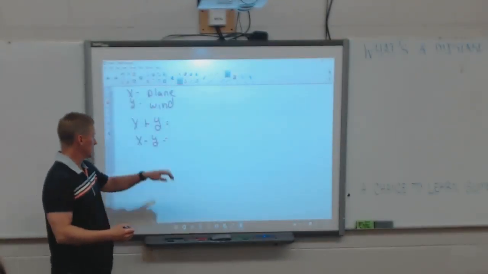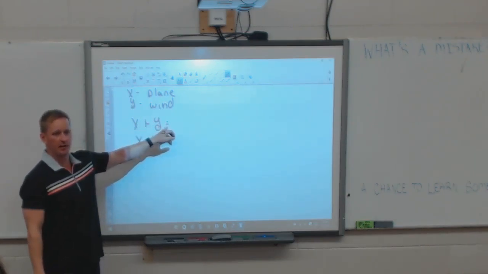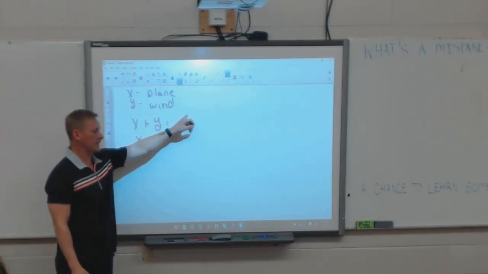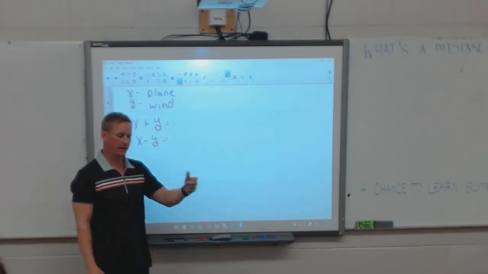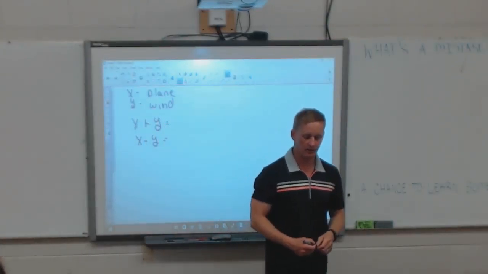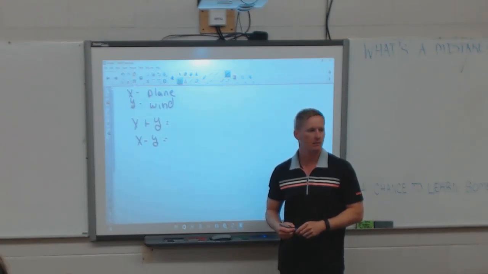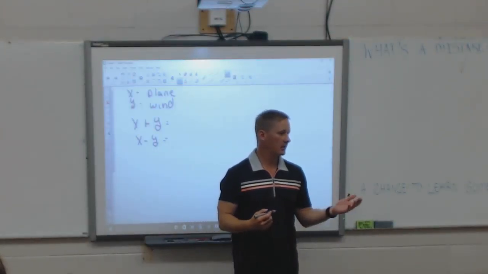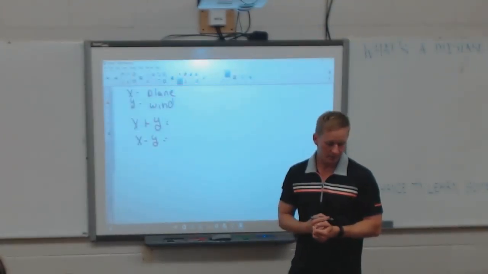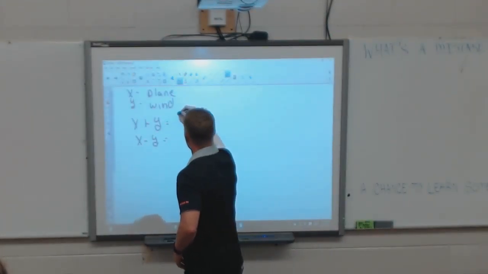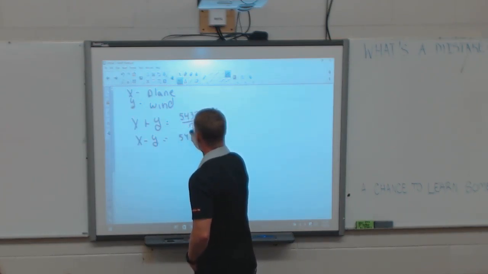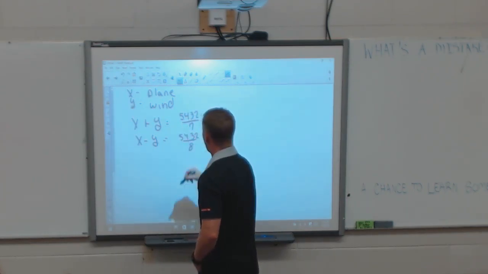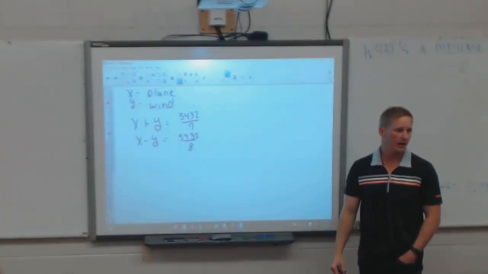Because this is speed, so it has to equal a speed. How do I find the average speed each way? Use the distance and divide by the amount of time, right? So I take 5,432 and divide it by 7 here, and 5,432 and divide it by 8 here.